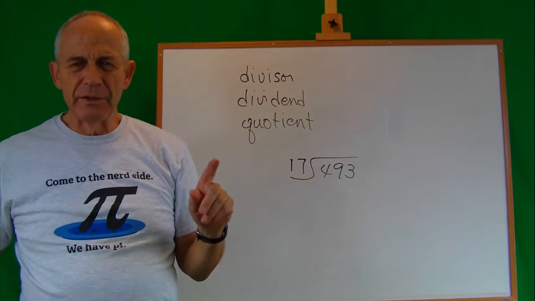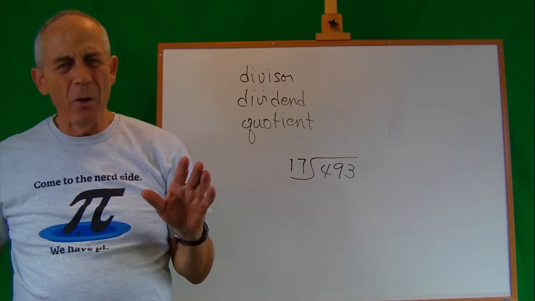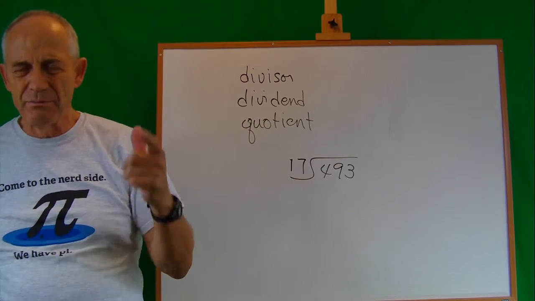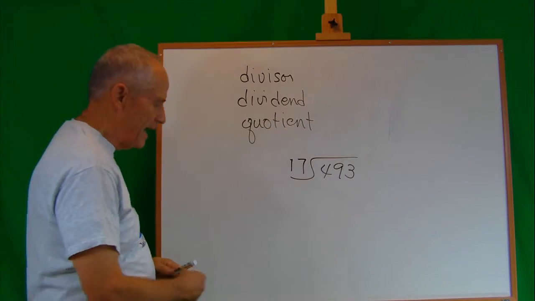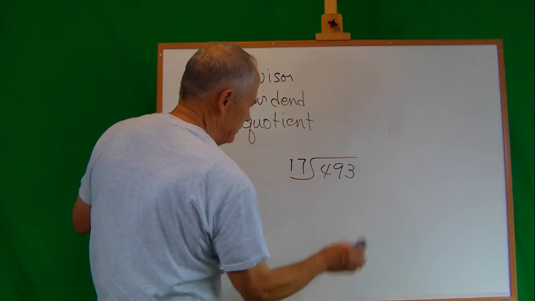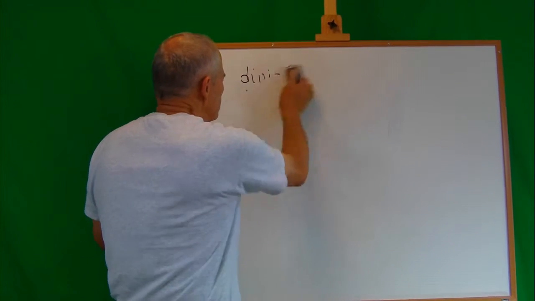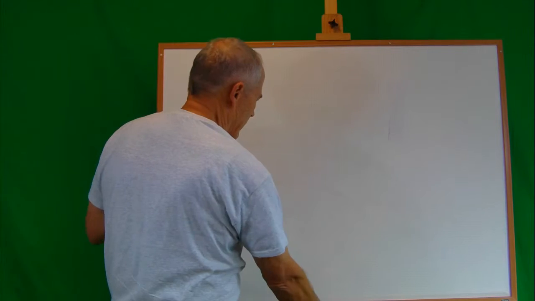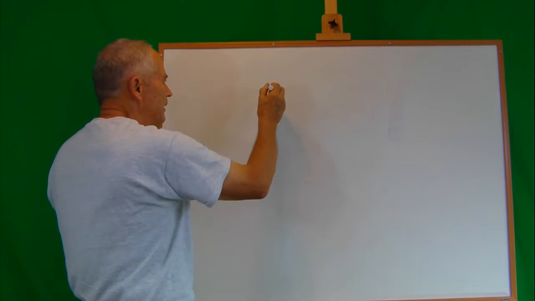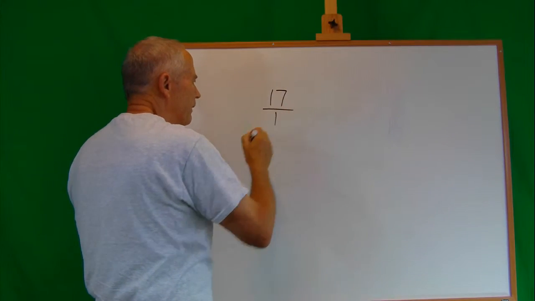A couple of things you just need to think about, and hopefully they're obvious. If I have any number, I don't care what the number is, let's say 17, and I'm going to divide it by 1.